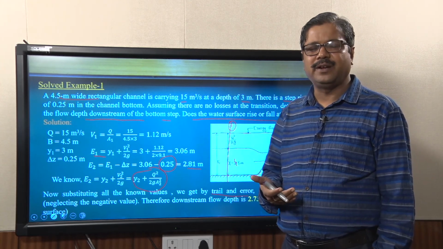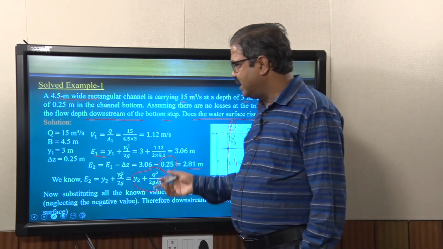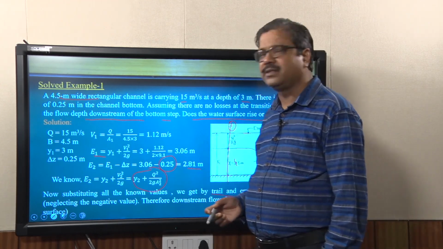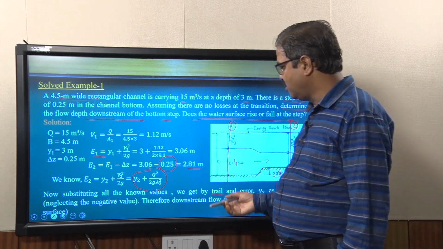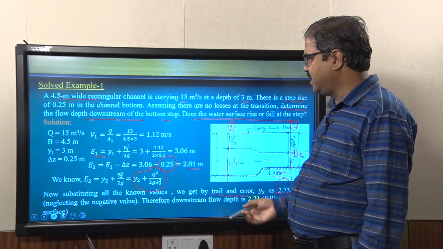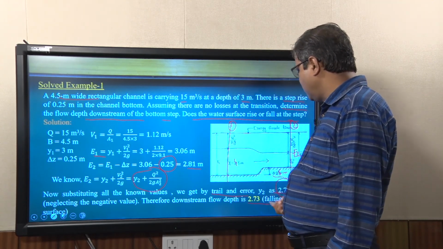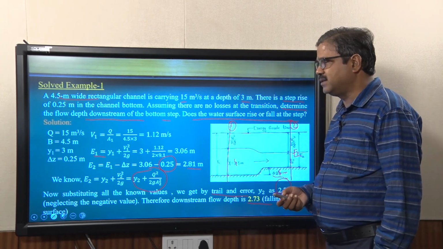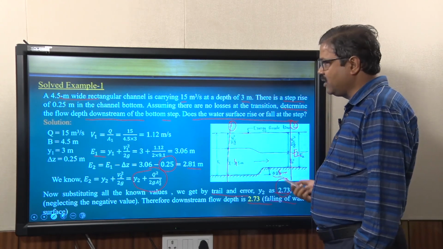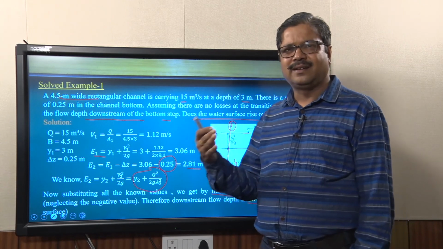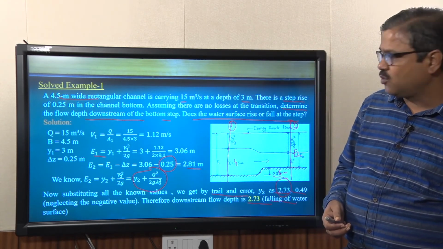In case of subcritical flow, there will be a decrease. In this case, as you know the upstream flow Froude number, you can compute it and find out the flow is subcritical. So that is the reason the water level will fall. Just try to solve that. Numerically it is quite easy.